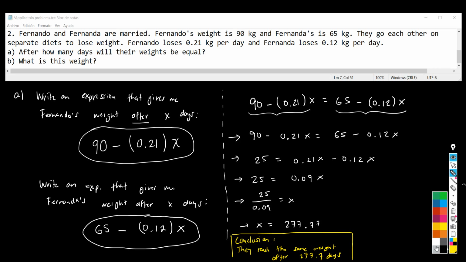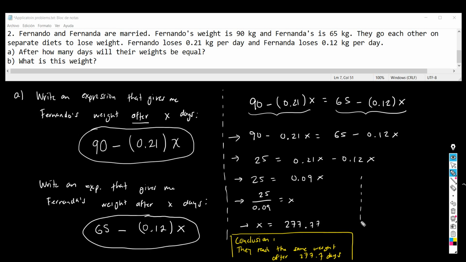Let's see. And the other question is B. What is the weight at which they become equal? So let's just input this conclusion: after 277.7 days, they're going to meet each other in terms of their weights, and so I need to put this into any of those equations. It doesn't matter which one. So let's put it right here.